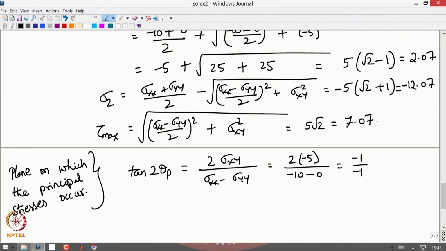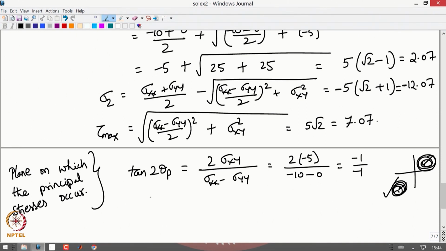So, you might think that 2 theta is 45 degrees, but both the numerator and denominator have negative signs. So, you have to let your angle vary from 0 to 360, which means in this quadrant tan is positive, in this quadrant also tan is positive, but in this quadrant both numerator and denominator would be positive, and in this quadrant both numerator and denominator will be negative. So, what we want is this quadrant here. So, it will be 180 plus 45 degrees, which will be 225 degrees.